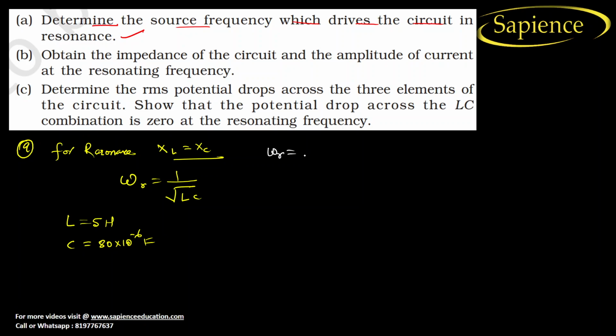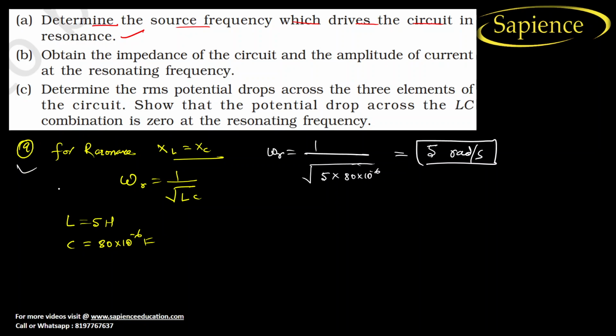Omega R is equal to 1 by root under LC, that is root under 5 into 80 into 10 to the power minus 6. So when you calculate this, it will be approximately 5 radian per second. So this is the answer for this part.